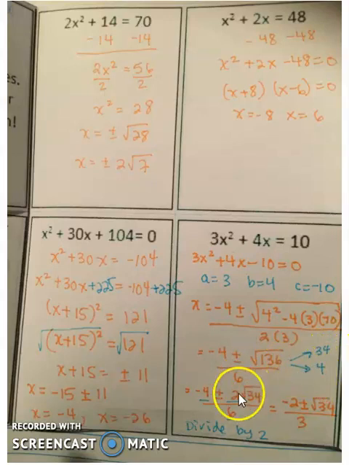So I'll take out that 4 to make it a 2 when I do the square root, but I have to leave my 34 underneath the square root. So I get negative 4 plus or minus 2 root 34 divided by 6. You'll notice that all three of these terms are divisible by 2. So I can simplify that down to negative 2 plus or minus root 34 divided by 3. And that is all for this page.